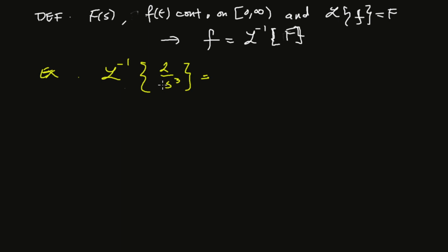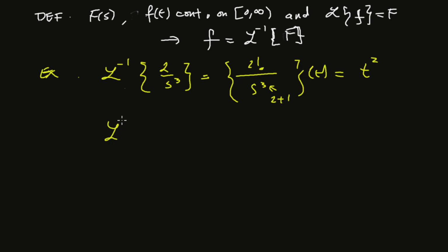As I mentioned, when you look at the table, you see s cubed, and you wonder whether there is some factorial on top. What the factorial should be is n plus 1, which is 2 plus 1, so you're looking at 2 factorial there, if it's there. What's 2 factorial? It is 2, so yeah, that gives us that this is easy. We went back to t, so it's t squared.